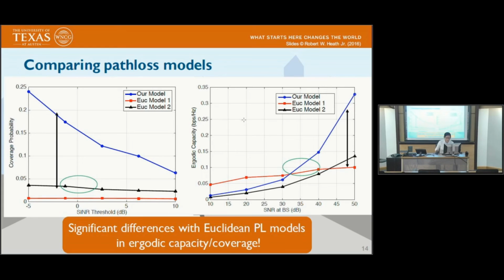Our model's results are shown in the blue curves here, and it is obvious that our model has significant differences from the previous Euclidean distance pathloss model. This means that the previous framework of the Euclidean model cannot be applied to this new pathloss model in urban microcells, which motivates our analysis framework in the Manhattan Poisson line process model.